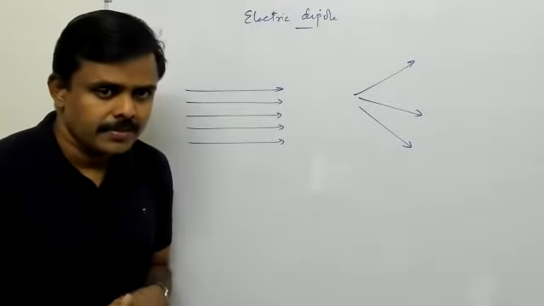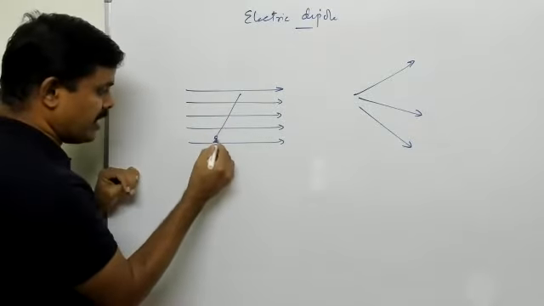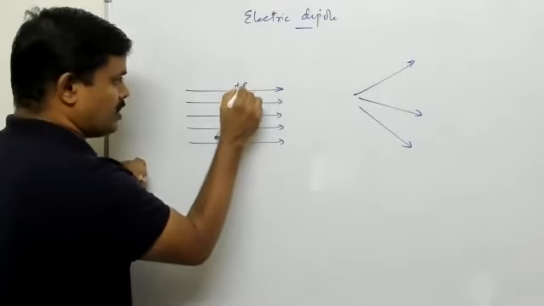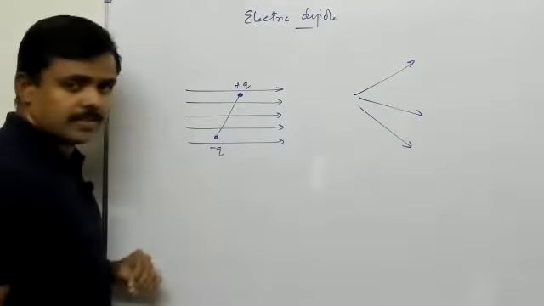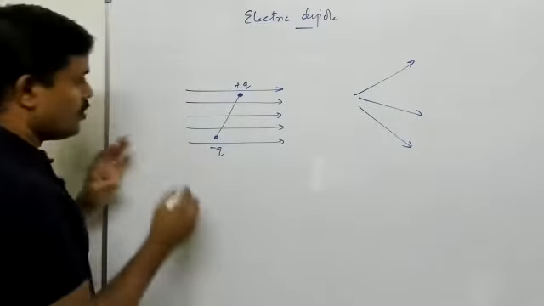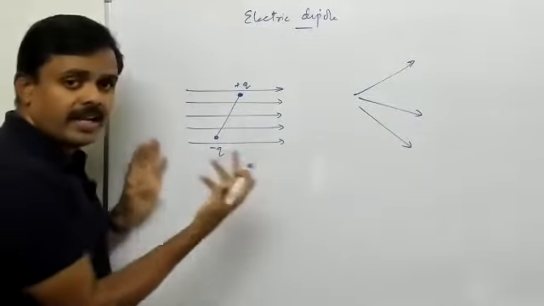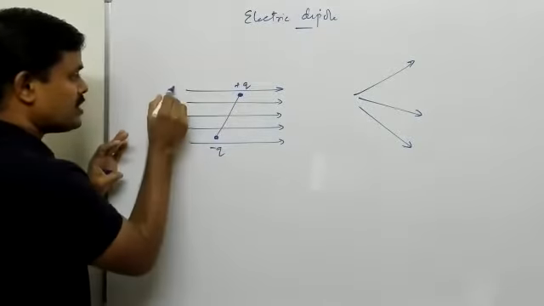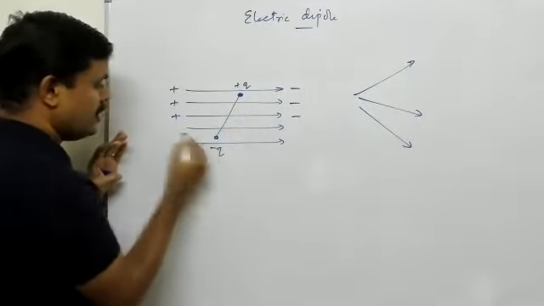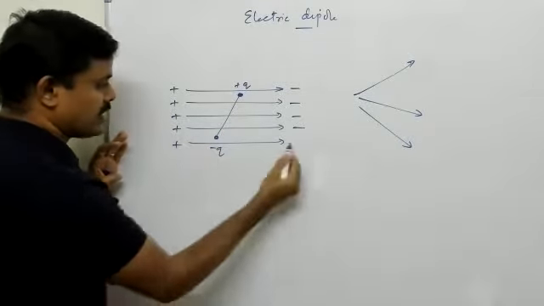And if I keep a dipole in here, this is a plus Q charge and this is a minus Q charge. In which direction is the dipole moving? This is a field line. Field line is always from positive to negative.